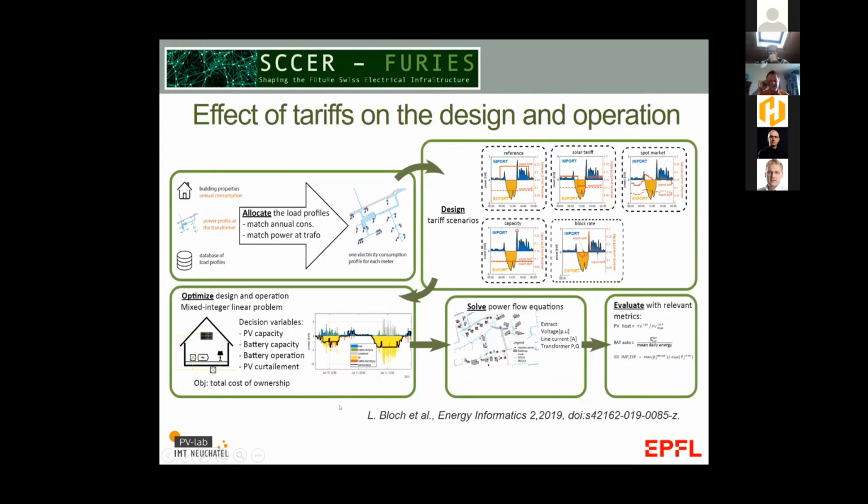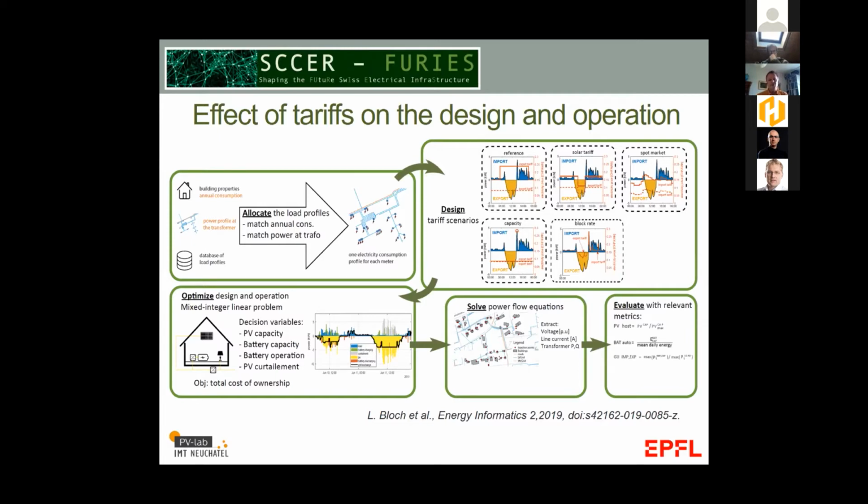So what we did in this study was basically we took all this data from this low voltage grid with the load profiles. We designed a couple of tariffs. I will show you the details in a minute. And then using each of these tariffs, we optimized the design and operation of each of the buildings over a 1 year period.